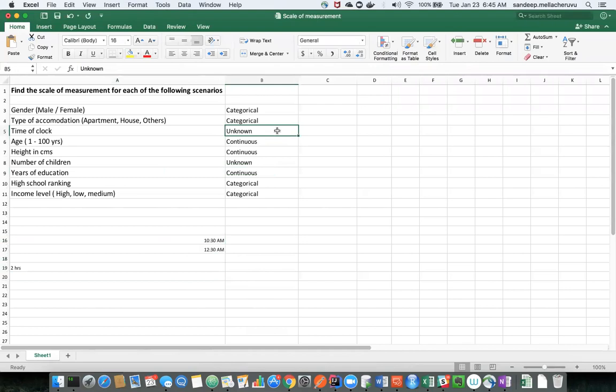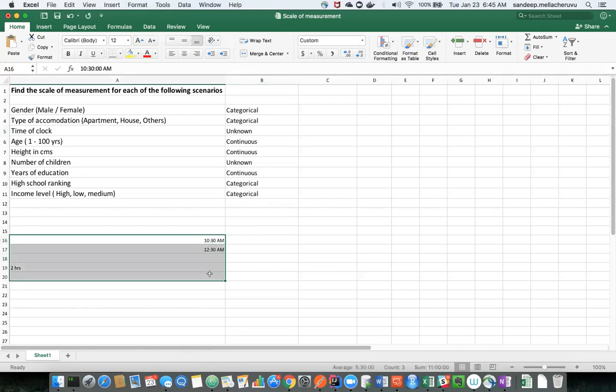So this could be as well continuous. But the question is how many arithmetic operations you have to try out to identify which type is what. I don't know. I have to try too many things, right? I have to add, subtract, multiply, divide. Then if one of them is meaningful, I can say continuous.